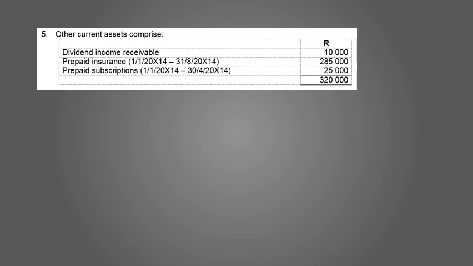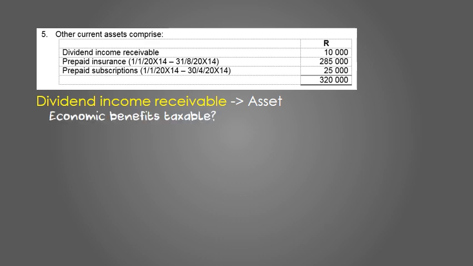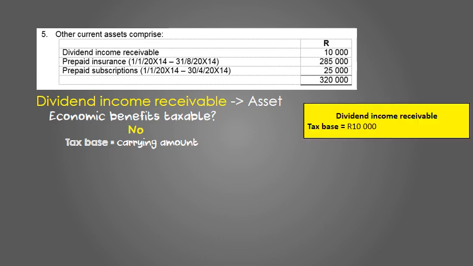The first item is dividend income receivable. So we know that dividend income receivable is an asset, and if we want to determine the tax base for an asset, we first have to ask ourselves, will the economic benefits be taxable? The answer to this question is no, due to the fact that dividend income is not taxable. Therefore, the tax base will equal the carrying amount.